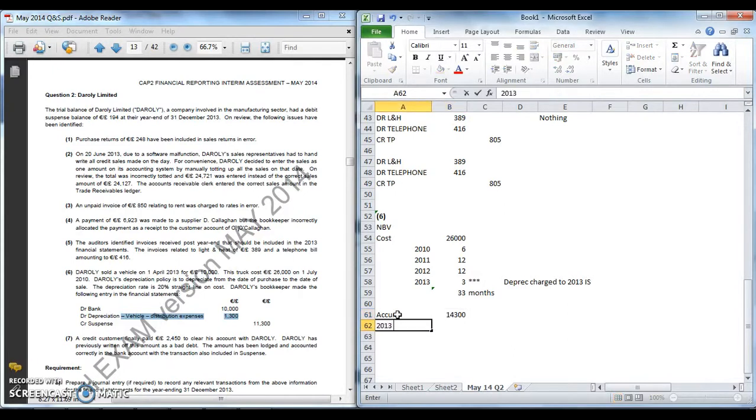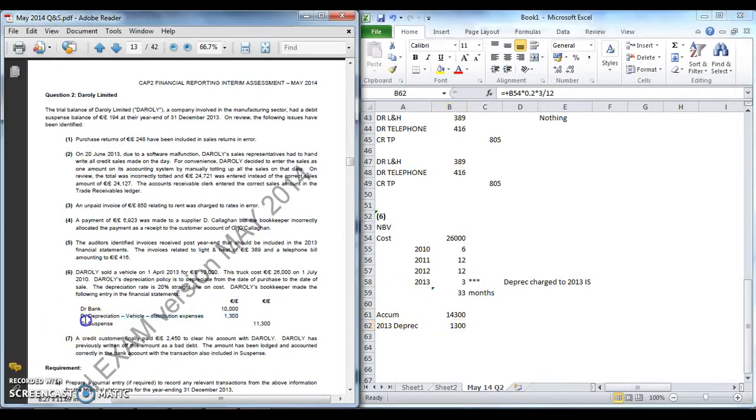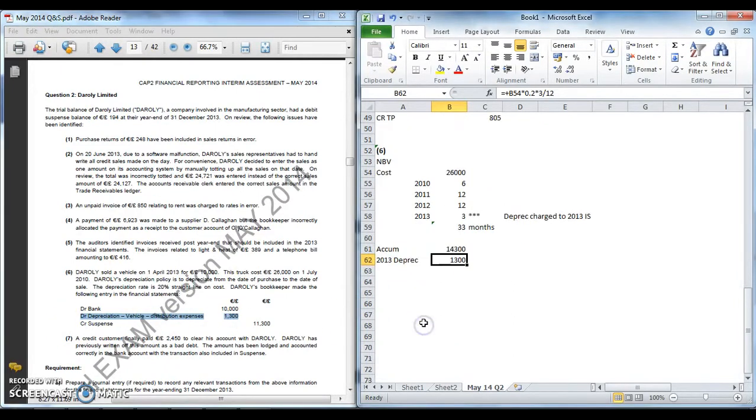Of that, 2013 depreciation would have been 26,000 times 20% times 3 over 12. Means depreciation this year was 1,300, which again matches the depreciation that they've charged in their question.